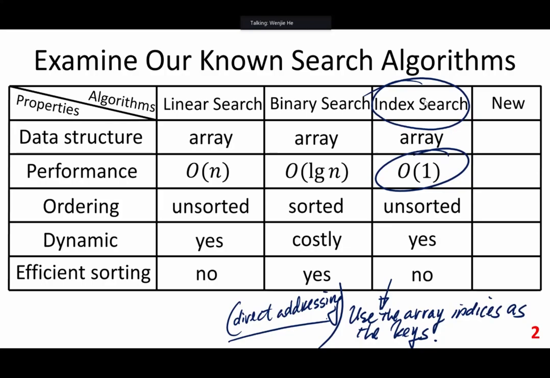So in our new search algorithm, we like to have this property. But this algorithm is useless. You will see. The reason is it wastes too much storage resource.